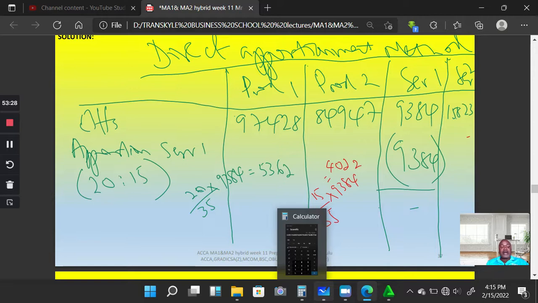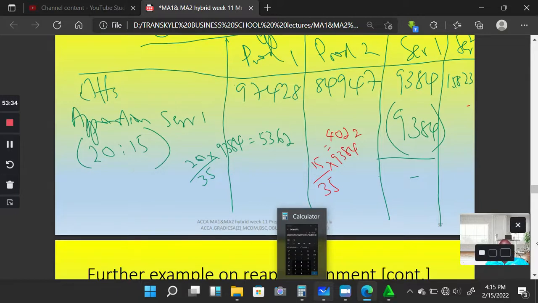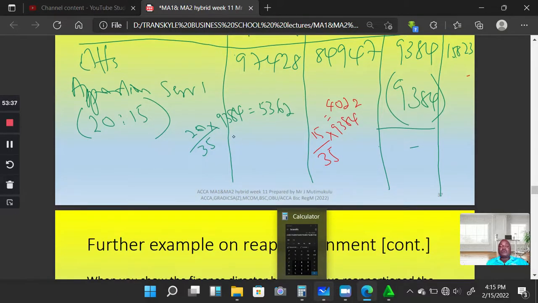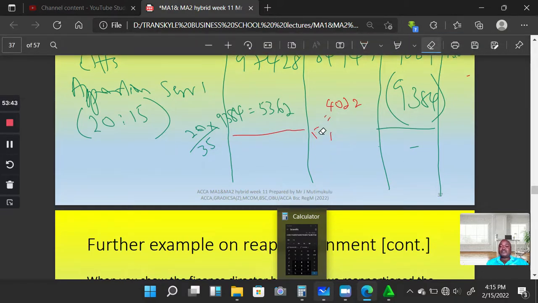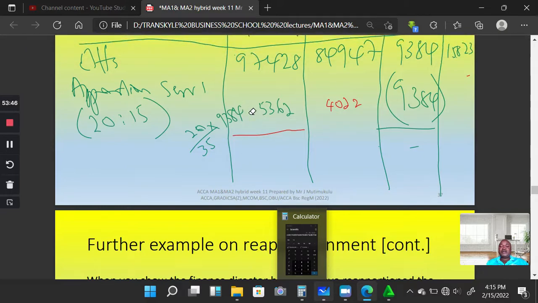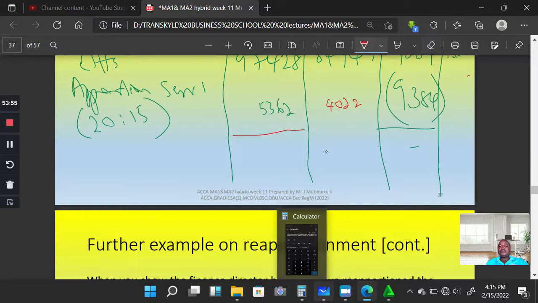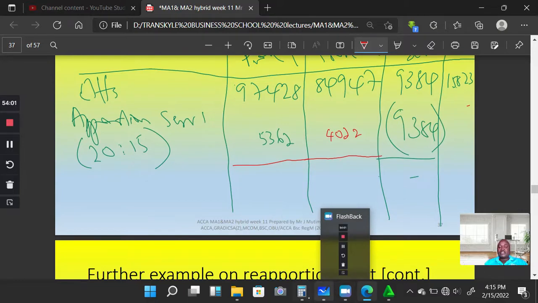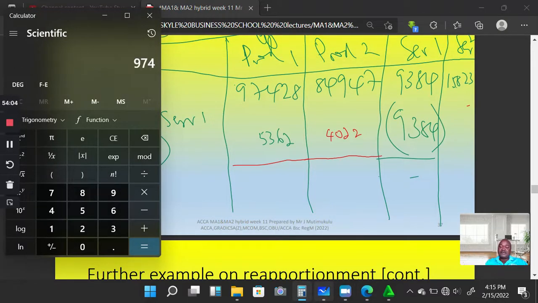Then let us now worry about the apportionment for the service center 2. So we can find the totals. This was just working. So let us find the totals. 97428 plus 5362.